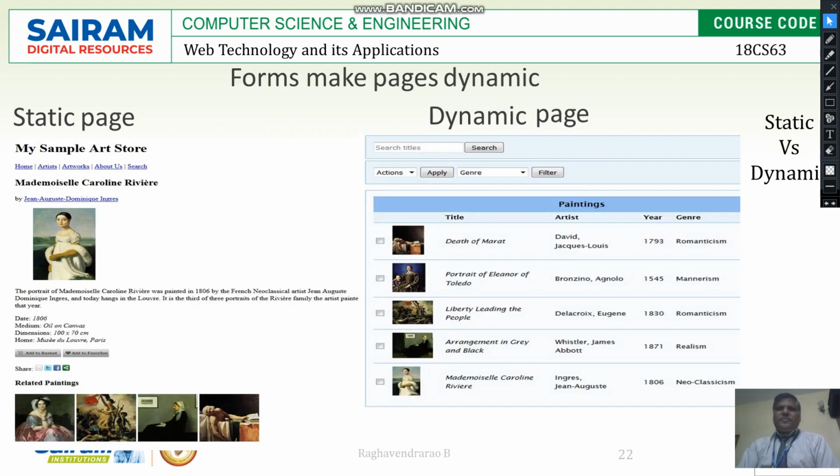Fine. Now see one of the examples here: static versus dynamic. This is a static page. It contains some pictures, some images, as well as some data about this particular image.